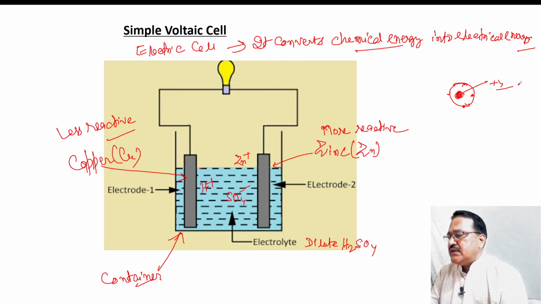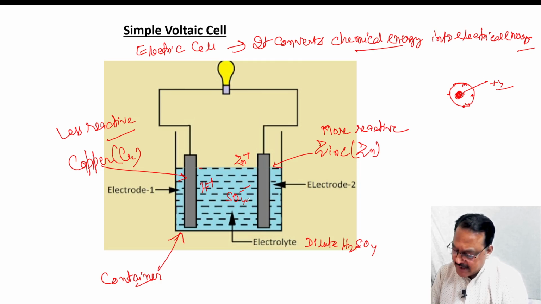On the other hand, when we say negative ions, the number of electrons is more. Electrons are negatively charged. So the hydrogen ions are charged and the sulfate ions are also charged. Now what is happening?